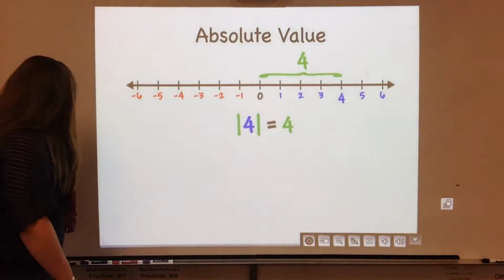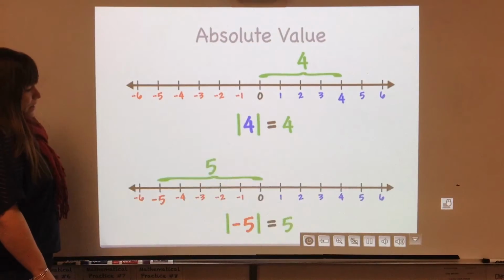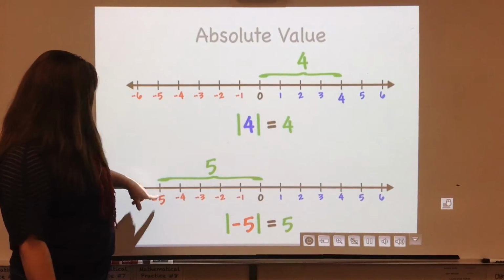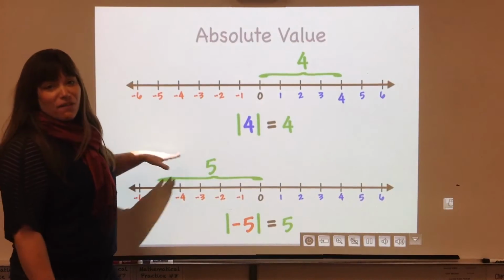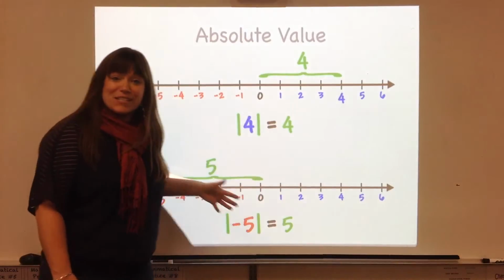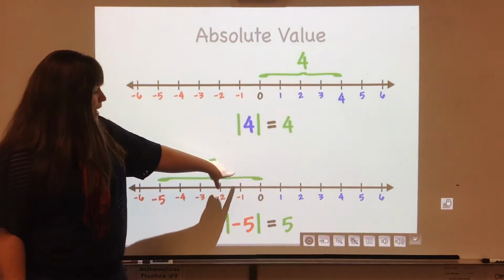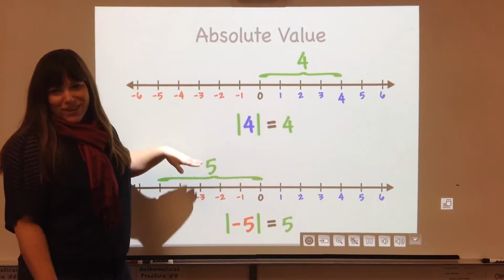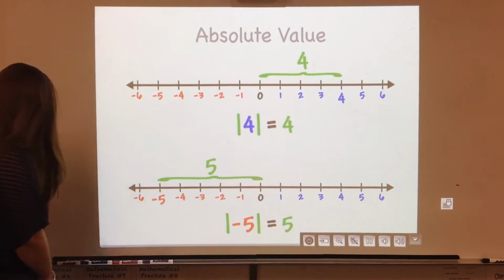We're going to fill that in our notes in just a second. I have another one here with the negative side of absolute value. If you have a number like -5, how far away from 0 is -5? You just count the spaces, and the distance or absolute value is 5 units.